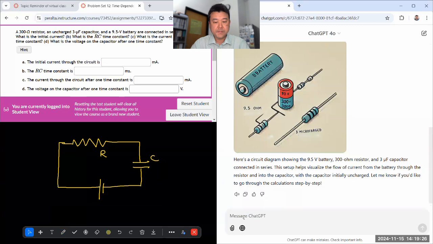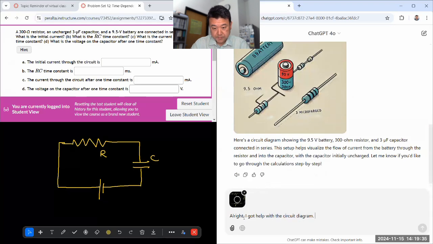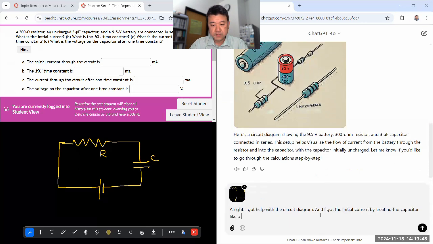So I'll say, alright, I got help with the circuit diagram. And I got the initial current by treating the capacitor like a short, something you might remember from when we covered chapter 10, but I'm not sure about the rest of the question.